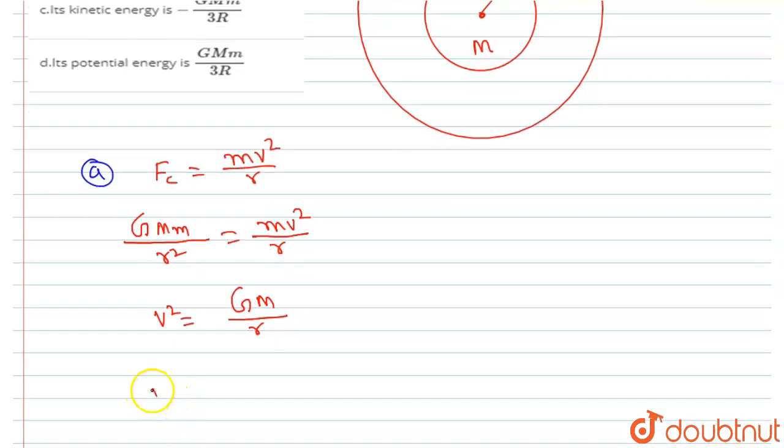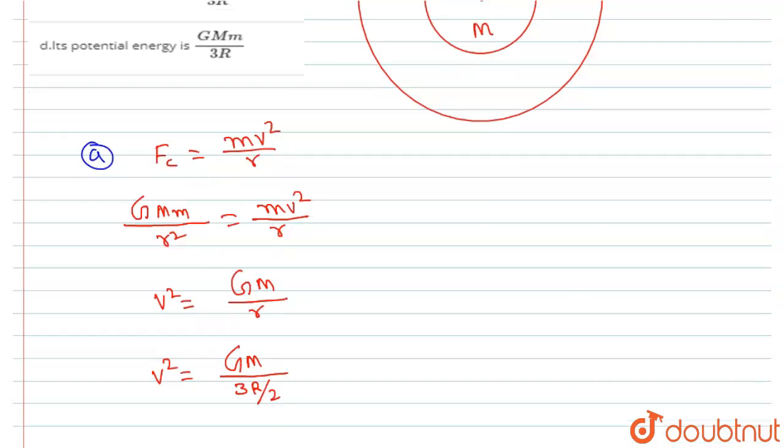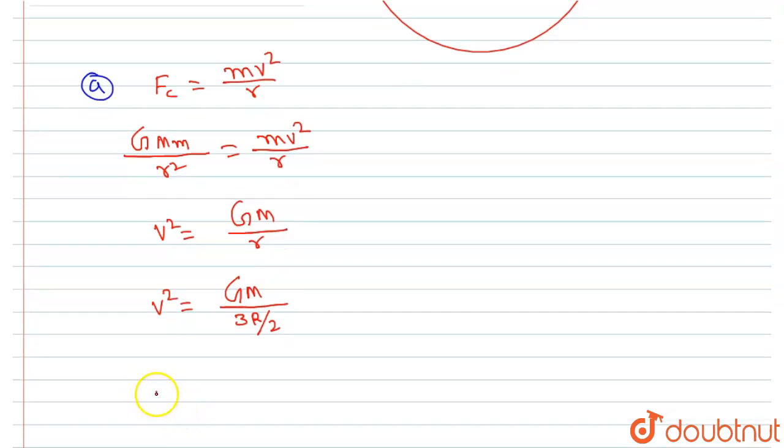So v² is equal to GM divided by 3r/2, so v² is equal to 2GM divided by 3r, clear?